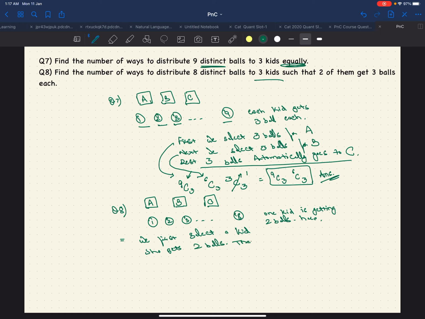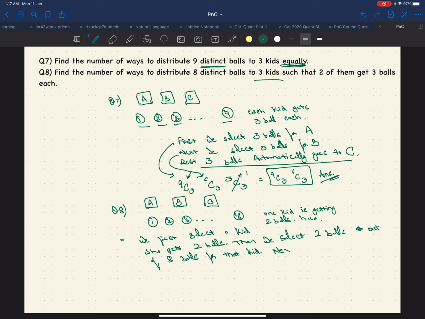Then we select 2 balls out of 8 balls for that kid.